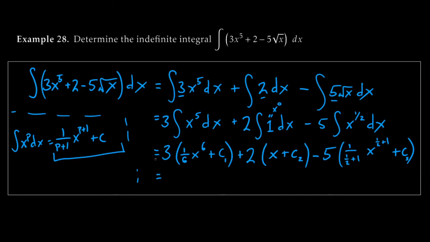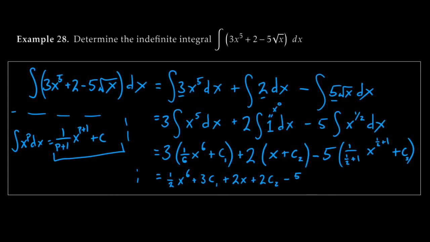Cool. Okay, so let's put it all together. 3 times 1/6, that's just 1/2, right? 1/2 x to the 6 plus 3c1 plus 2x plus 2c2 minus 5 times, well, let's reduce this right here.